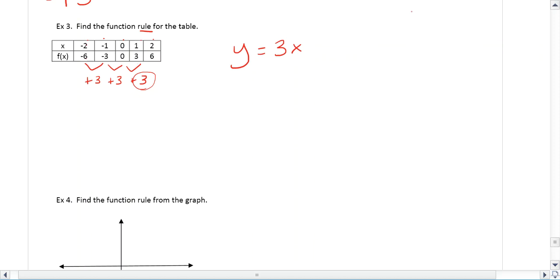If you can't see the pattern, you could enter this in list 1, you could enter this in list 2, and if this is linear, which if you looked at the scatter plot it would be, you could just go to the stat, the calc menu, and you could do the linreg. And the linreg, linear regression line, your calculator would tell you this. I wanted you to have an option if you can't see the pattern.